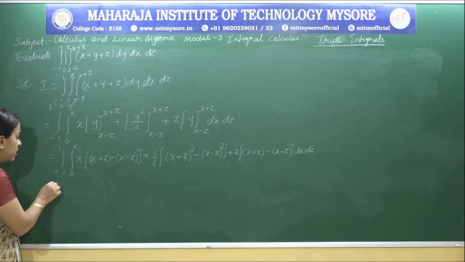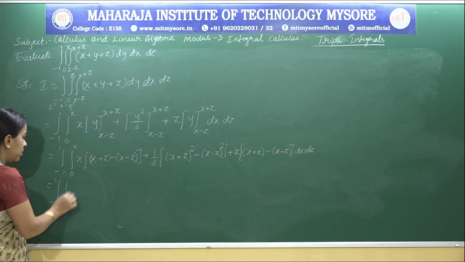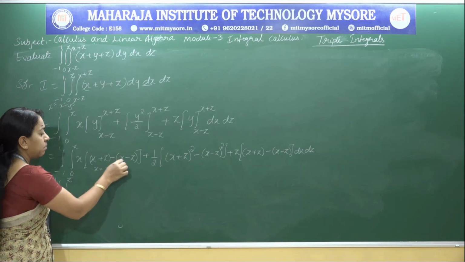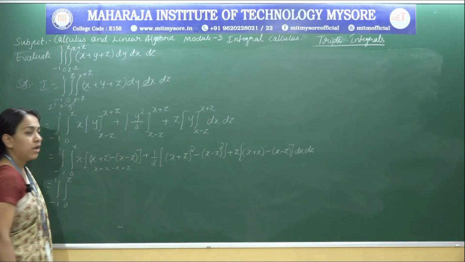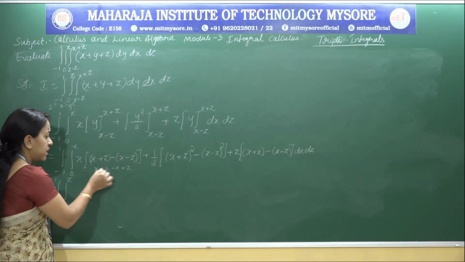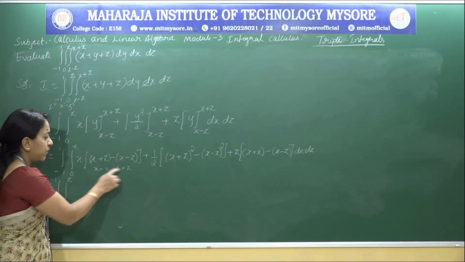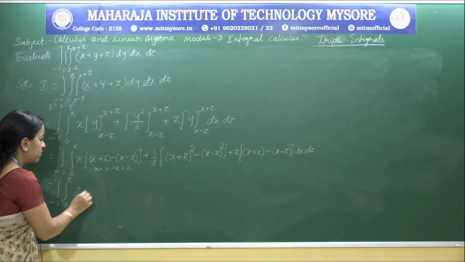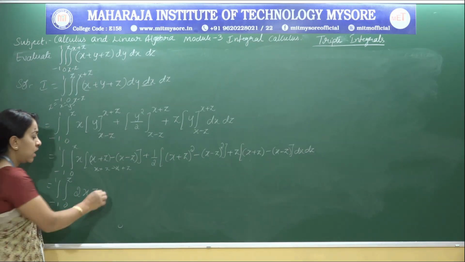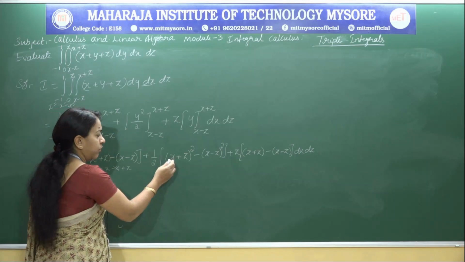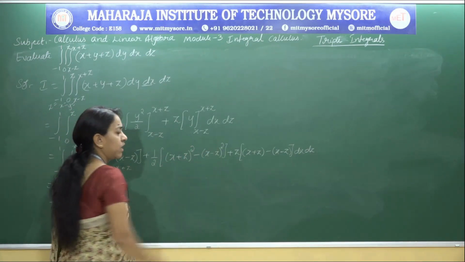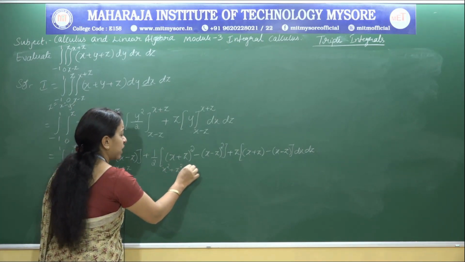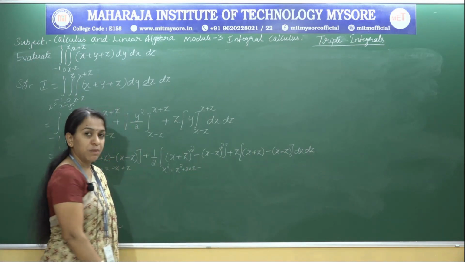Now simplify. Integral minus 1 to 1, 0 to z. If I simplify this, we have x plus z minus x plus z. If I multiply by the minus sign, then plus x minus x get cancelled. We remain with z plus z, 2z. So 2z into x will be 2xz, plus 1 by 2 times, here we have a plus b whole square and a minus b whole square. I expand: x square plus z square plus 2xz, minus of x minus z whole square.